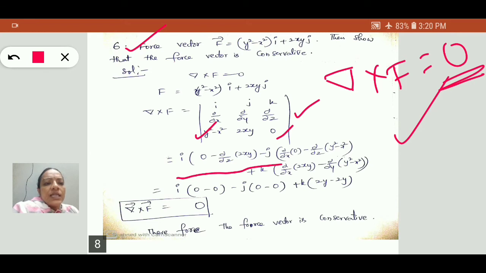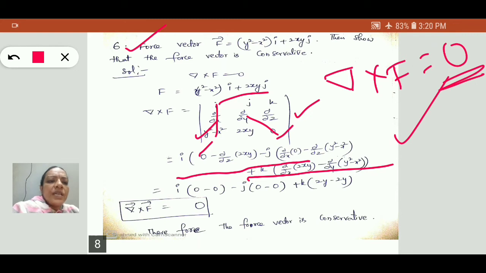Now calculate the determinant: i times (∂/∂y of 0, which is 0, minus ∂/∂z of 2xy), minus j times (∂/∂x of 0 minus ∂/∂z of y² − x²), plus k times (∂/∂x of 2xy minus ∂/∂y of y² − x²).